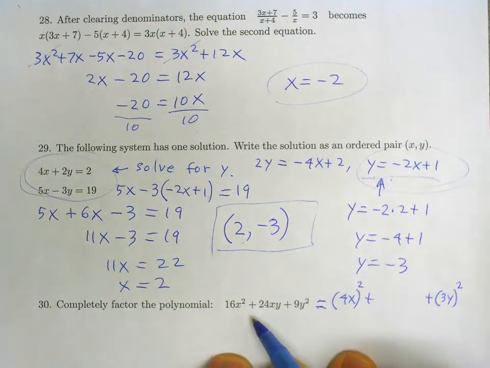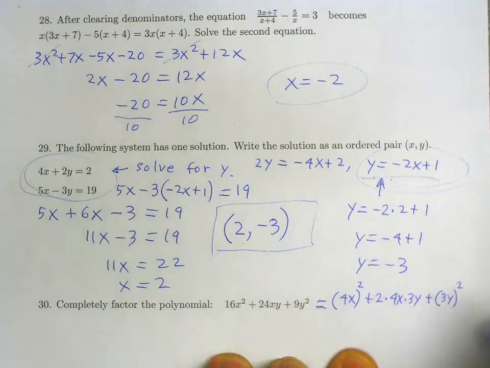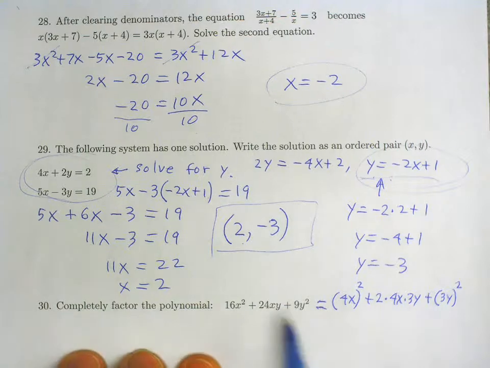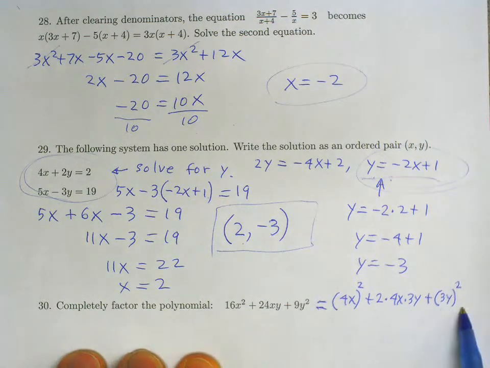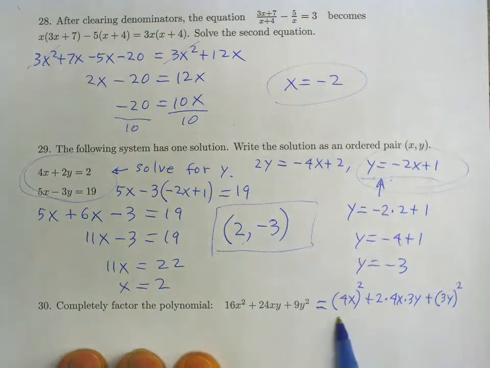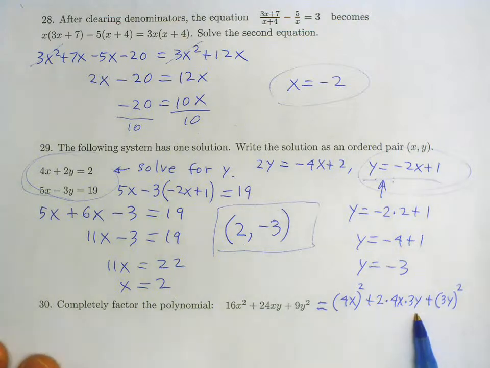And the middle term plus 24xy, that's equivalent to adding 2 times 4x times 3y. You can verify 2 times 4x is 8x. 8x times 3y is 24xy. So this has the pattern or the required characteristics of a perfect square trinomial.